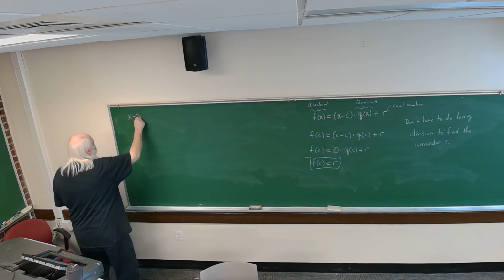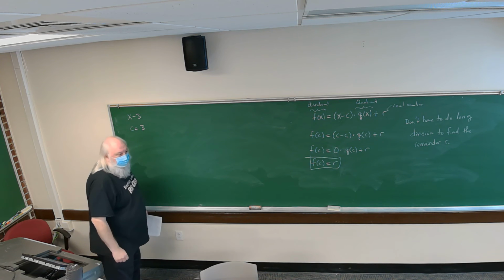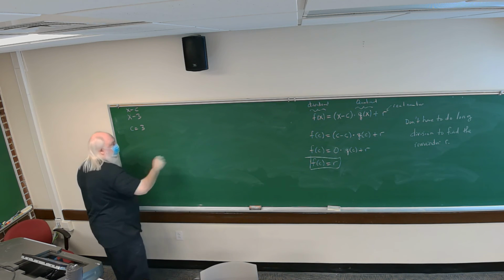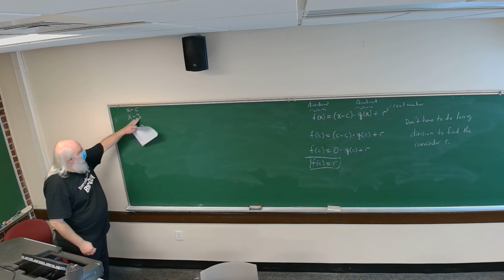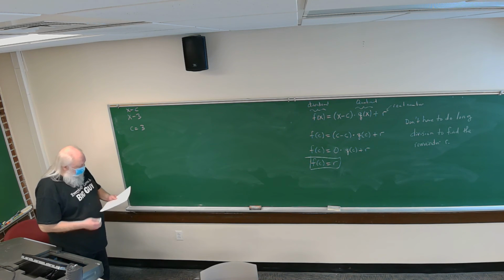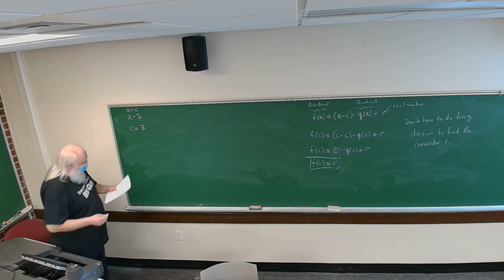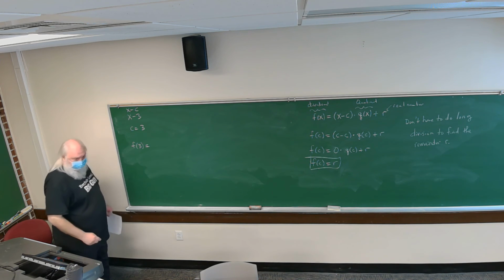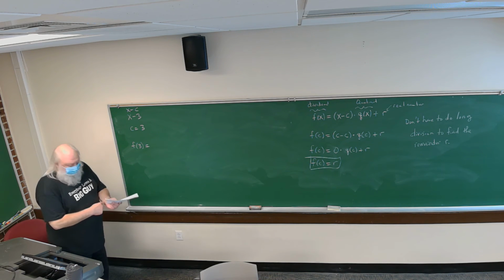The divisor is x minus 3, so c in this case is equal to plus 3. This theorem applies when you divide by x minus c. So to find the remainder when you divide f of x by x minus 3, you just evaluate the function at x equals 3. And that tells you what the remainder would be if you did the long division.